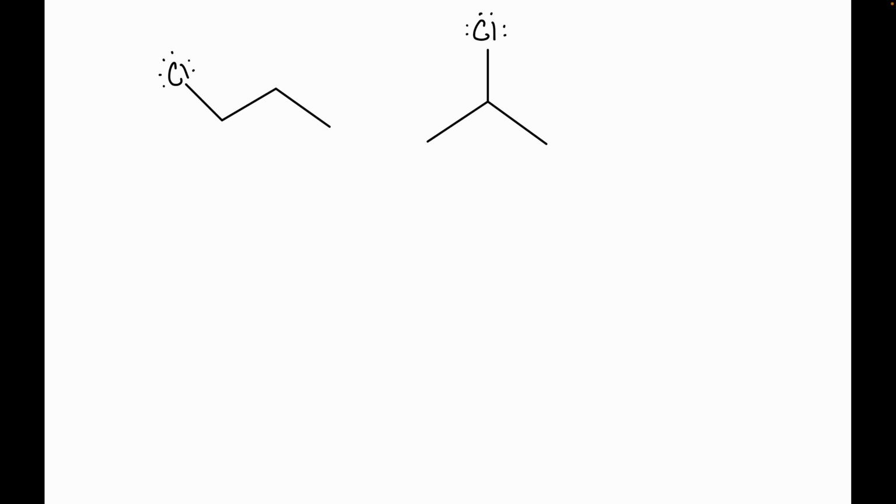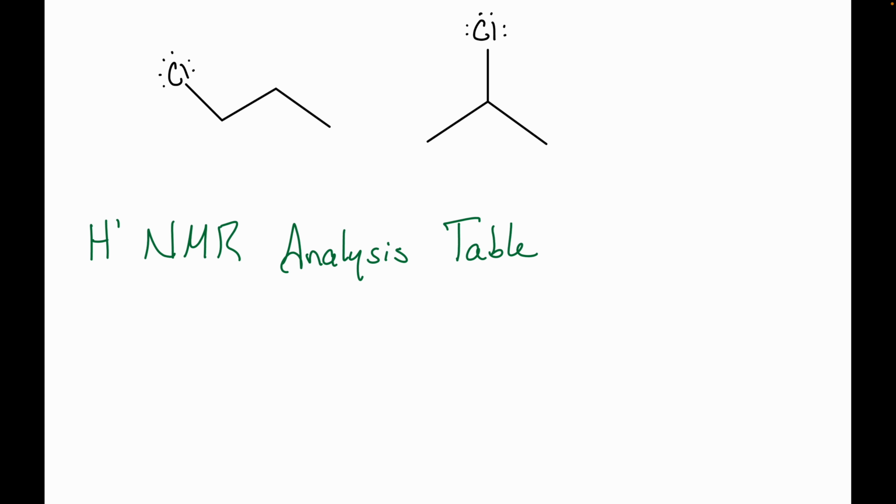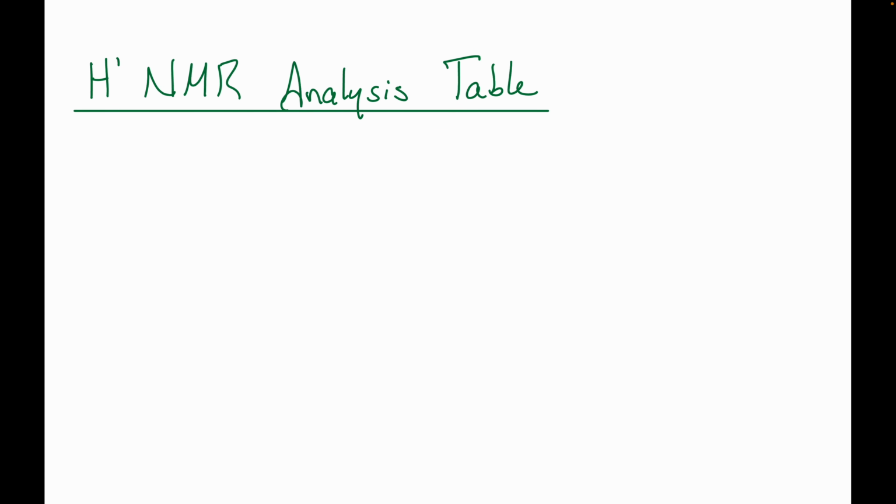So let me just tell you how we're going to go about analyzing our NMR spectrum. So H1 NMR analysis table. For each peak on our spectrum, we're going to note its chemical shift, where on the x-axis it is.